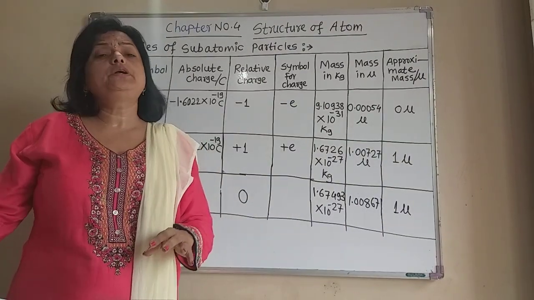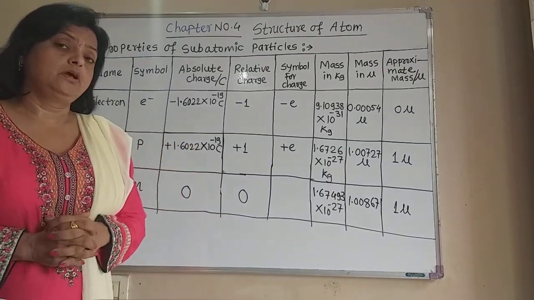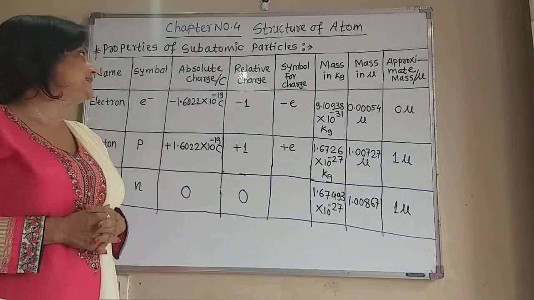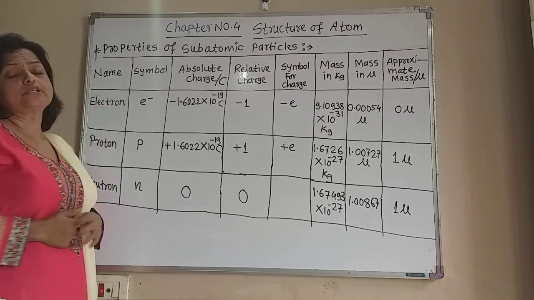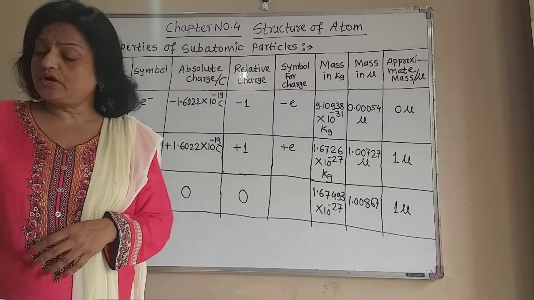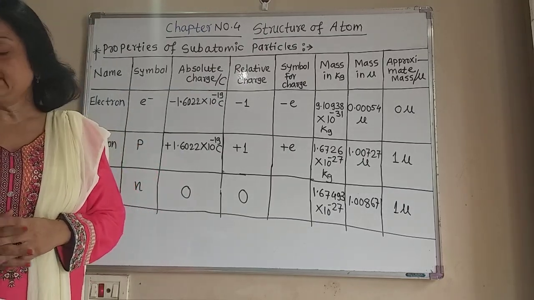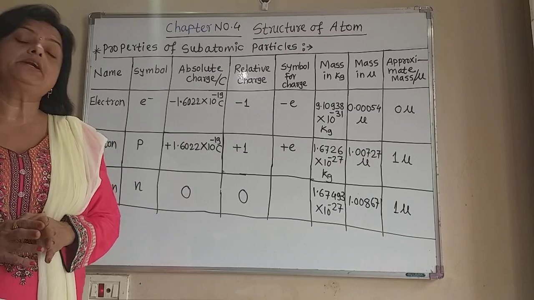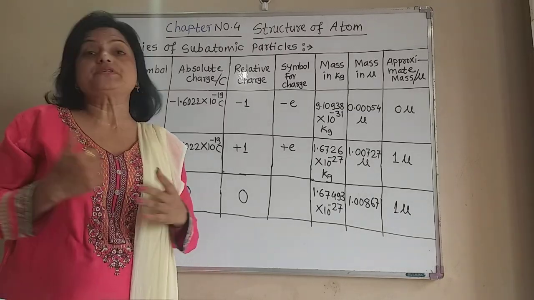Now what about their discovery? First let us see the discovery of the electron. The electron was discovered in the year 1897 by the scientist J.J. Thomson.